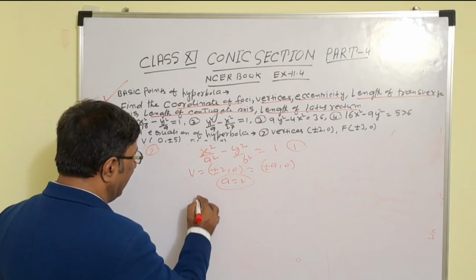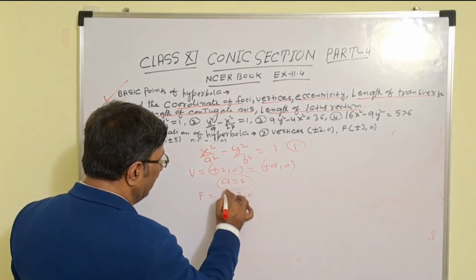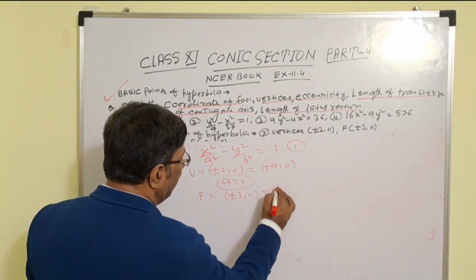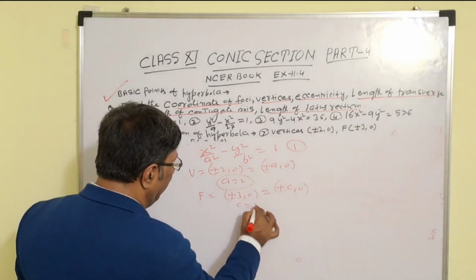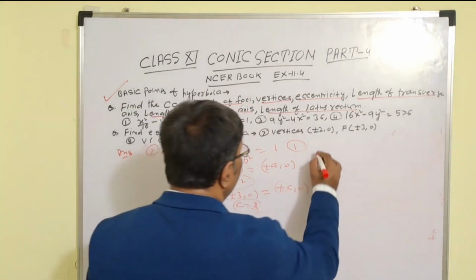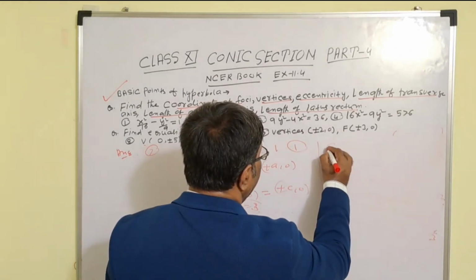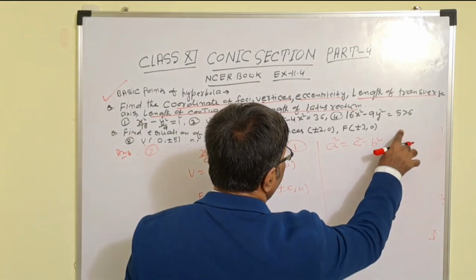In the same way, the foci are plus minus 3, 0, and the foci are plus minus c, 0, so c equals 3. We know the formula c square equals a square plus b square.